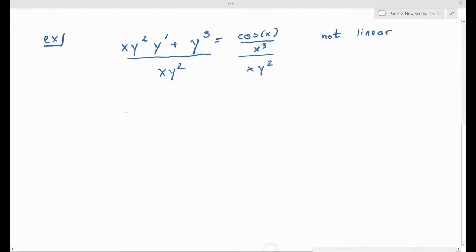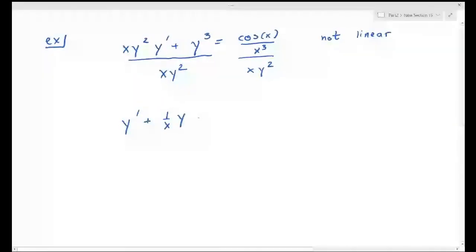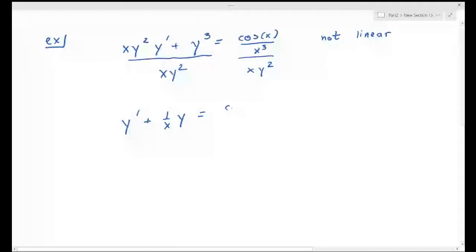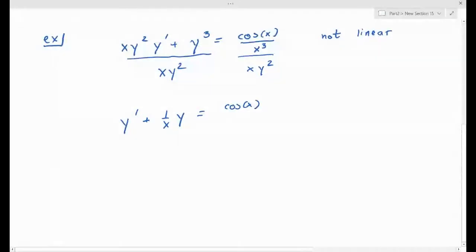So let's see what we get. Y prime. You know, that's not a cubed. That's just an x.